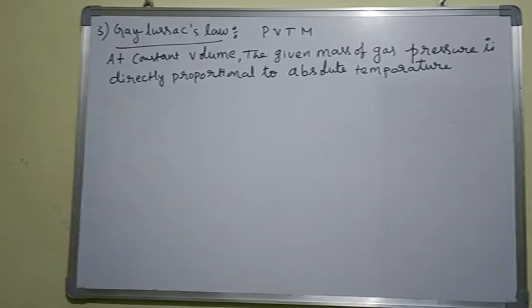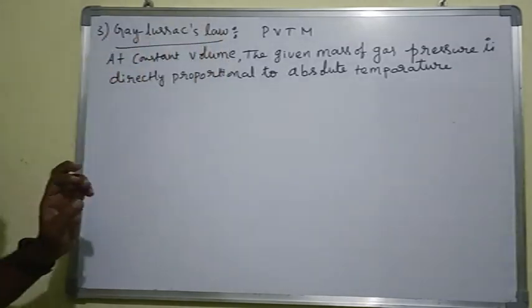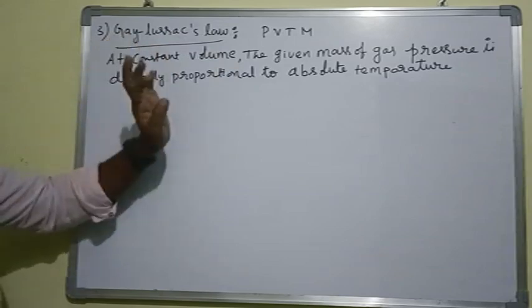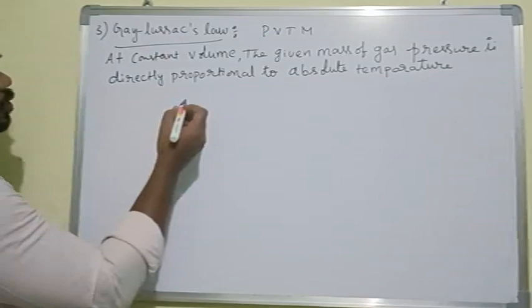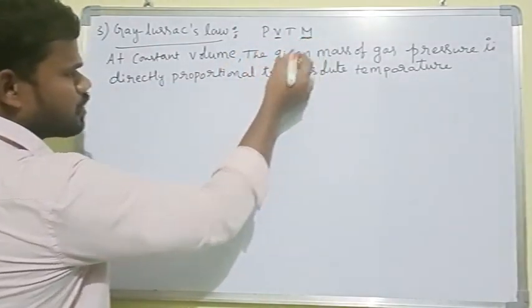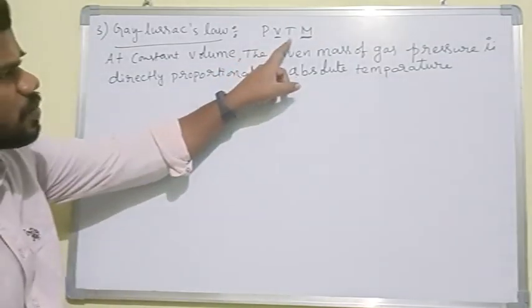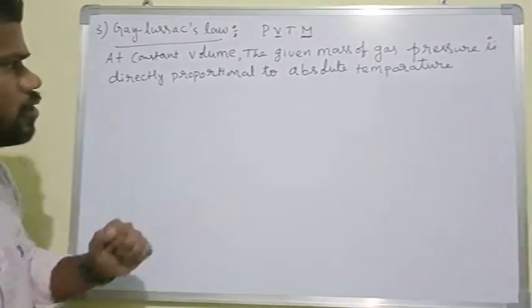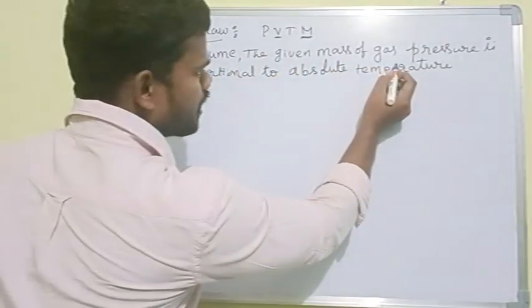Next, the third gas law we are discussing is Gay-Lussac's law, named after a scientist. According to Gay-Lussac's law, the volume and the given mass of gas are kept constant.